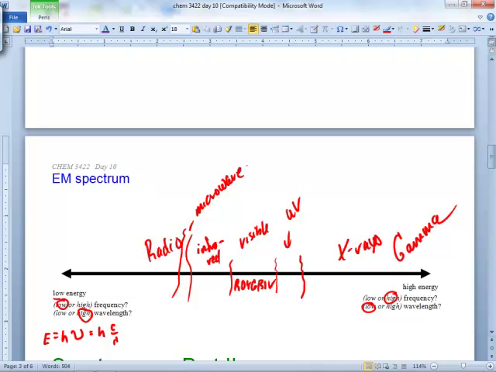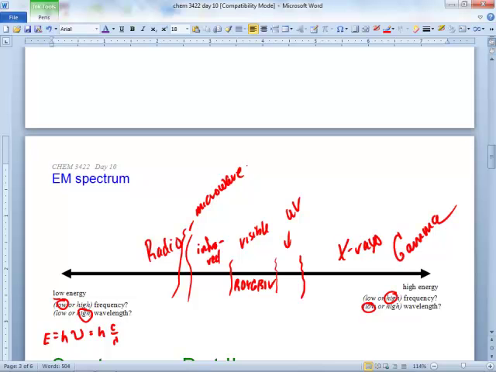Now, how can that be, Emily? How can something that can cook hot dogs be less energy than your remote control? Infrared is also a more common word. There's an H. Heat.